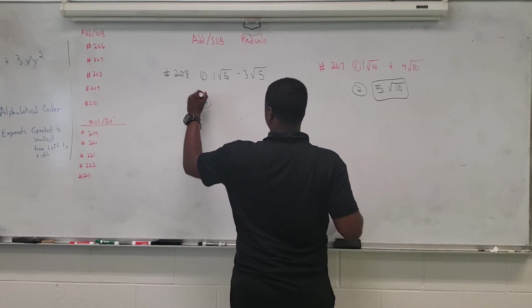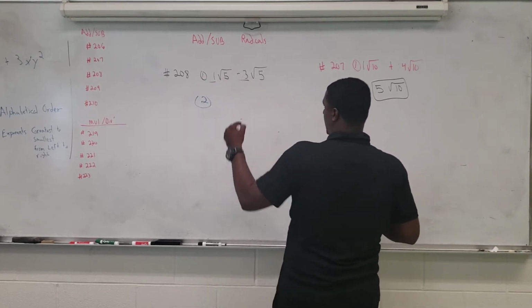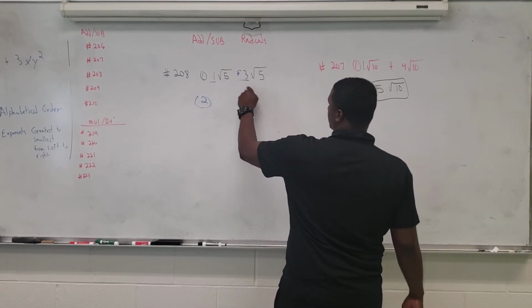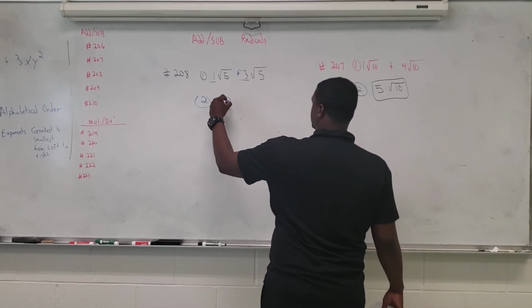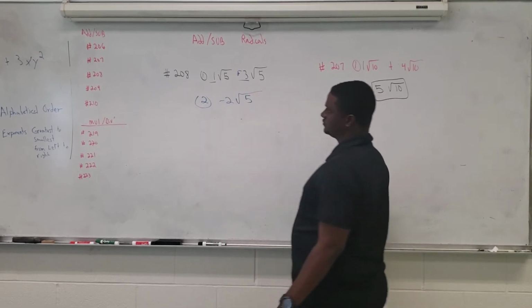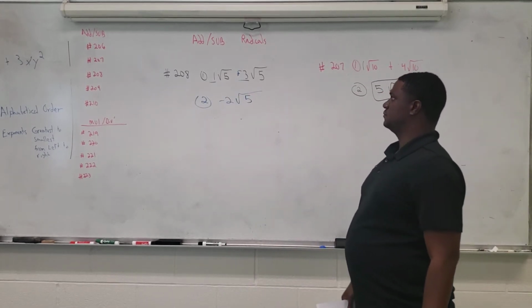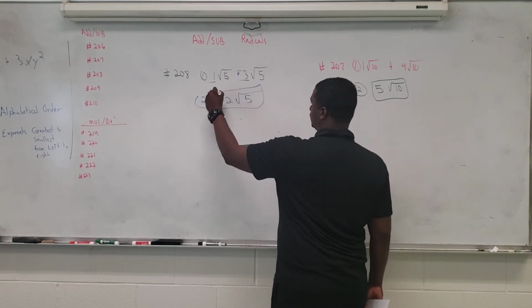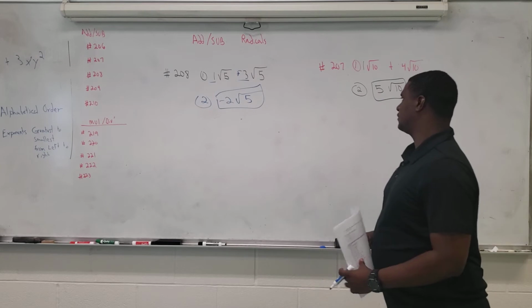Step 2, we take the coefficients, right? So that is 1 plus negative 3, which is negative 2, and my radicals stay the same, square root of 5. Right? 1 plus negative 3 equals negative 2 square root of 5.